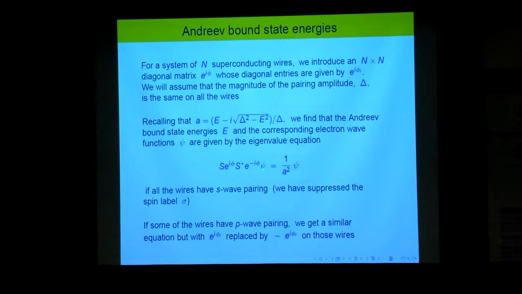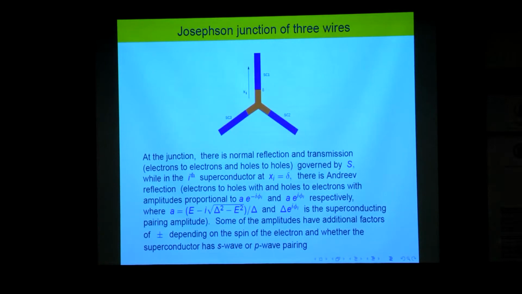Where do they live? They live in that junction region. So, well, in this entire region actually. So that's only here. Okay, so I was not clear enough. If you have an electron coming in here, it can get either reflected back or transmitted to the other one, and that's described by a scattering matrix S. When the electron goes in the opposite direction and is trying to get out of this, it goes and hits the normal lead at some point, and there it can get Andreev reflected back.